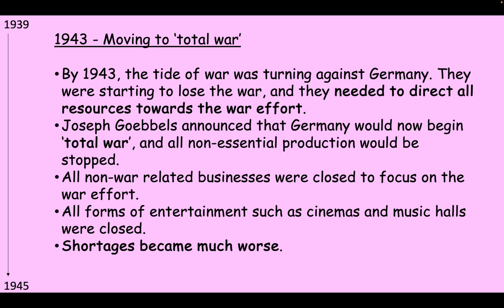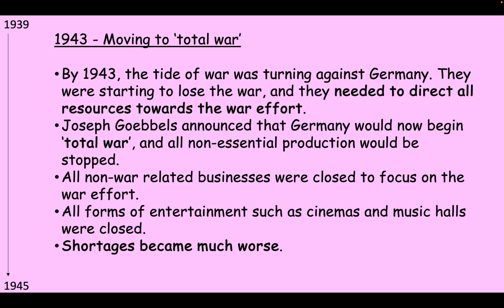So Joseph Goebbels announces that anything that is not essential to the war would not be produced. So, for example, clothes would not be produced. And any businesses that were not related to the war were forced to close to focus everything on the war effort. So entertainment like cinemas and music halls were closed.